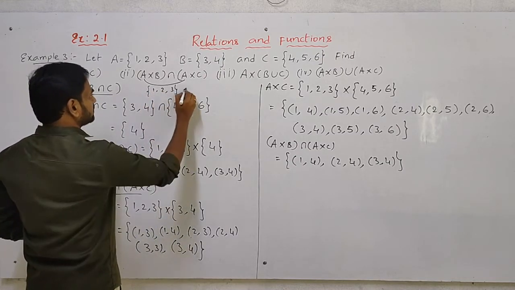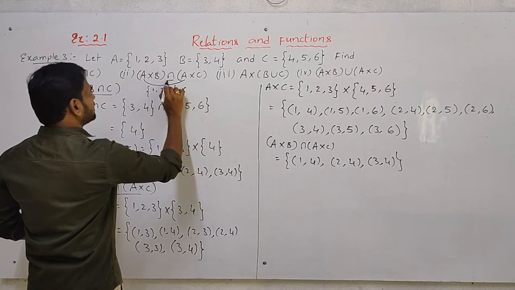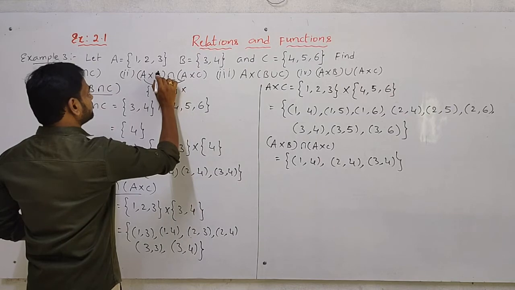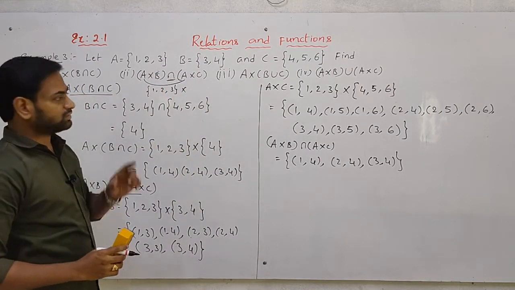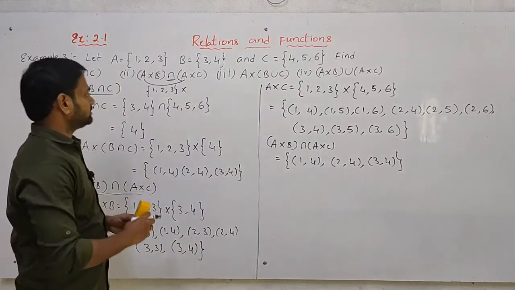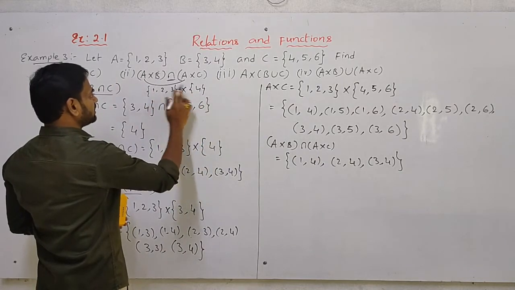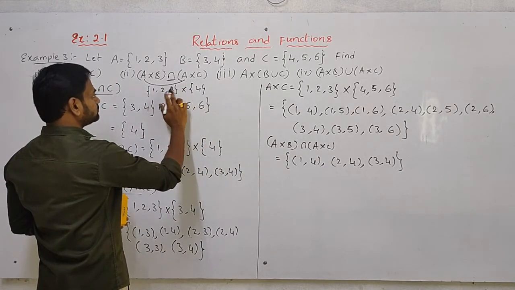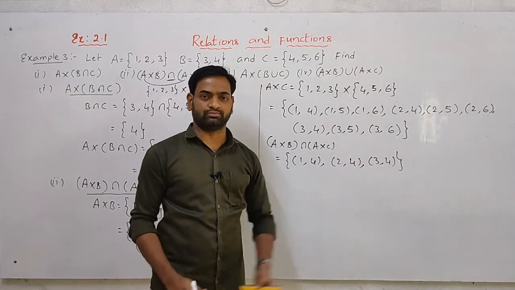Cross. Next, for B, C, what is the operation here? Intersection. For B and C, what is the common element? 4 is the common element. So 4. Now write the ordered pairs, that is (1, 4), (2, 4), (3, 4). Simple.